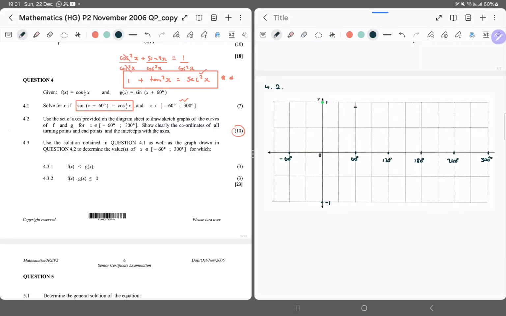So all I want, guys, is to copy, paste, and then move this so that I can get the same grid over there.